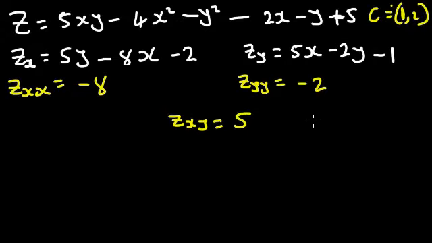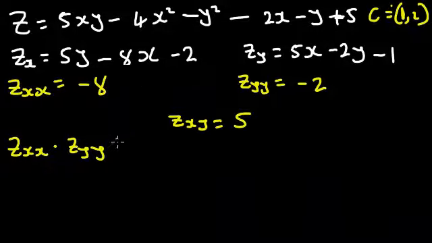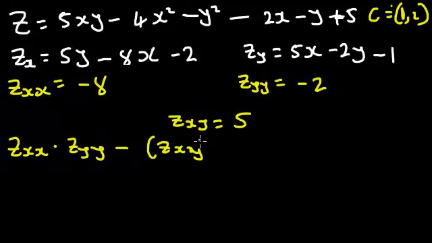Perfect. So having gotten all this, let's now see if the product of z sub xx and z sub yy minus the square of z sub xy is more than 0. If it is less than 0, then it is a saddle point. But if it is more than 0, then it would either be minimum or maximum.